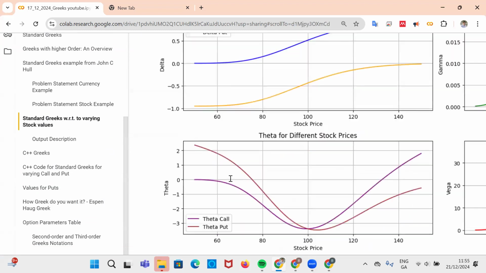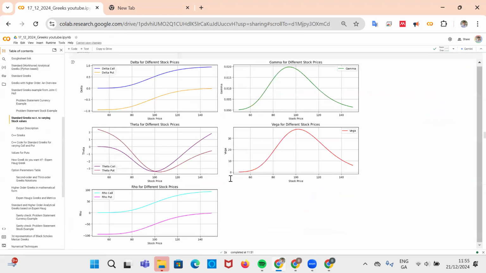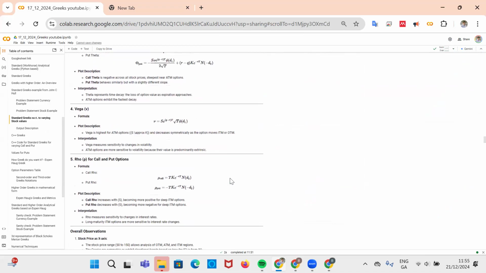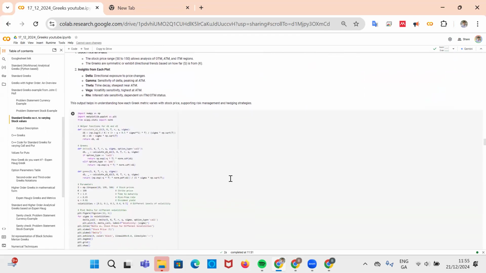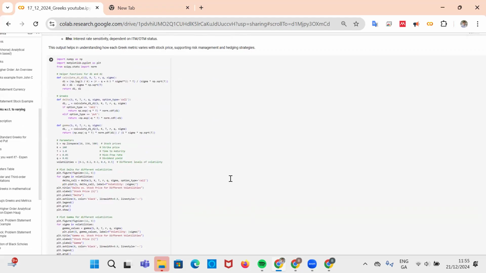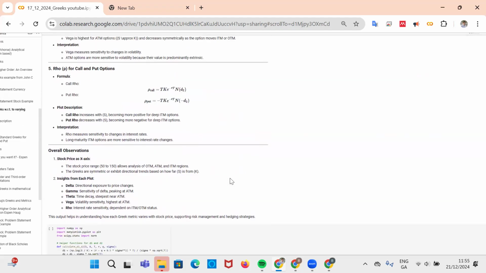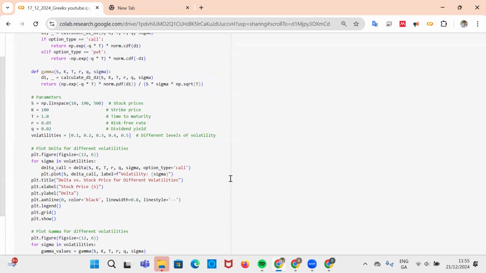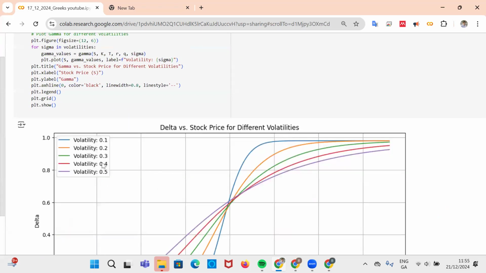So, okay. If we want to take that analysis a little bit further, then we would consider the higher order Greeks, right? And we would also consider perhaps the behavior of delta and gamma for different volatility.